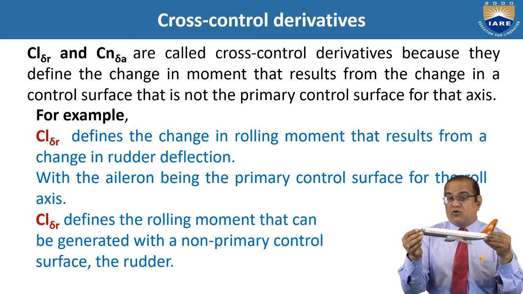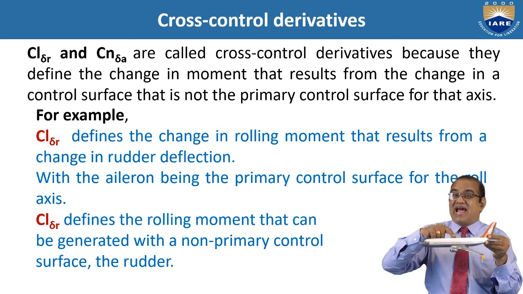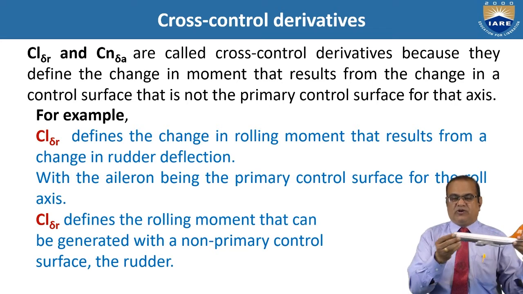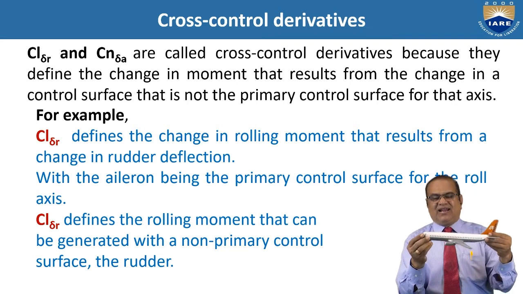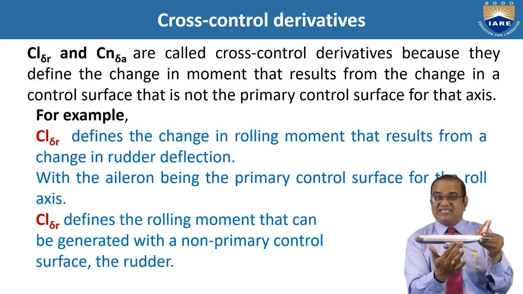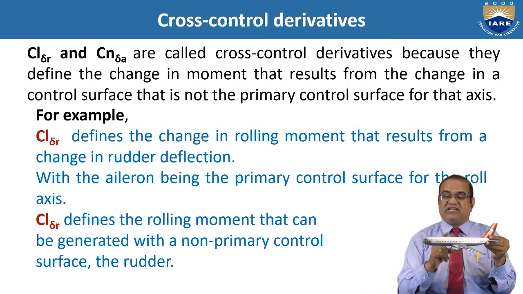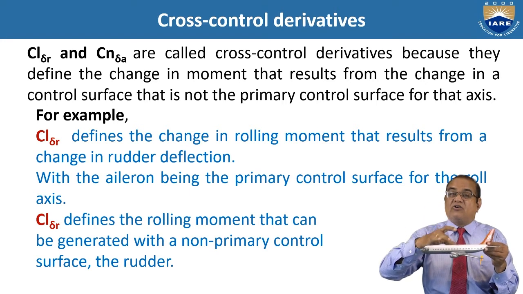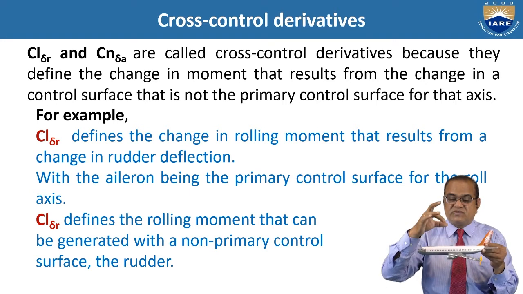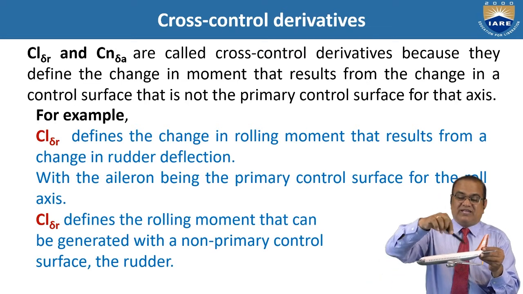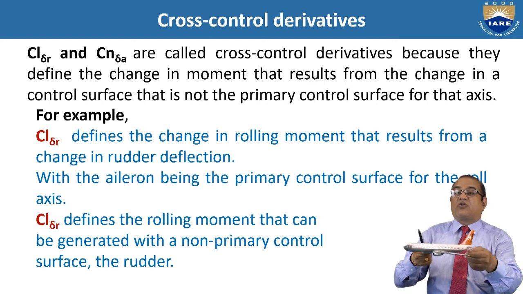If the nose goes towards the left, the right wing will have more velocity. If it is turning like this, the left wing will face relatively less velocity than the right wing, which will feel more relative velocity. So the right wing will have more lift than the left wing, and there will be a roll also.